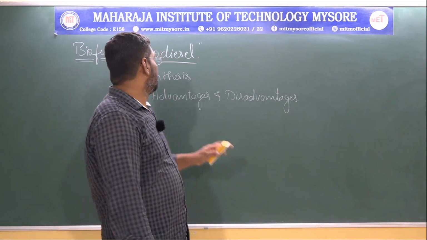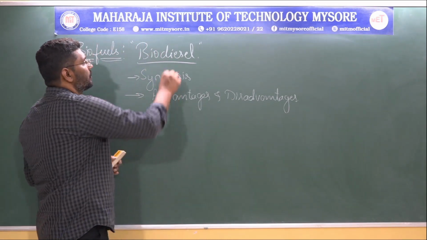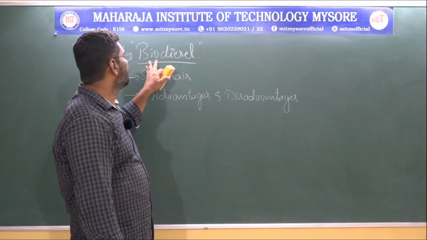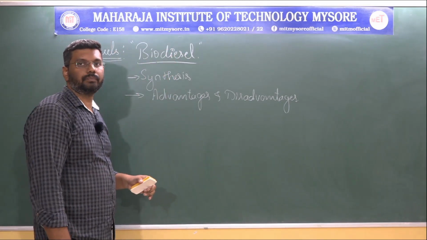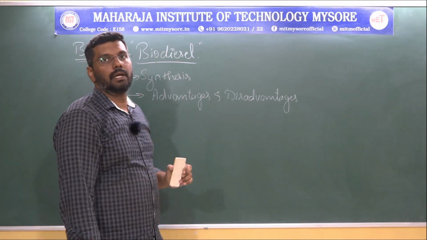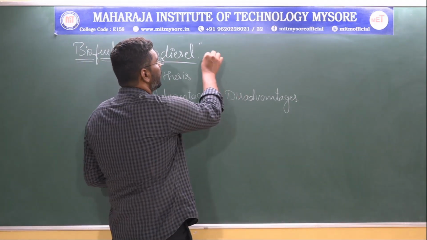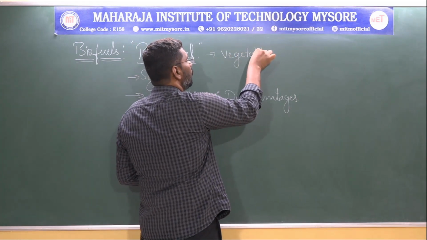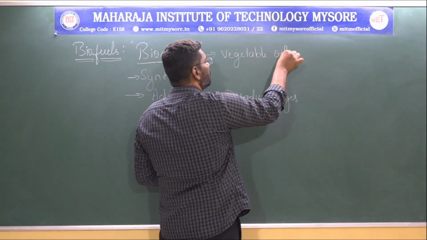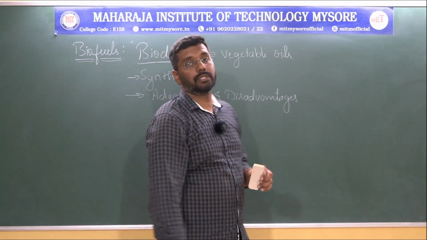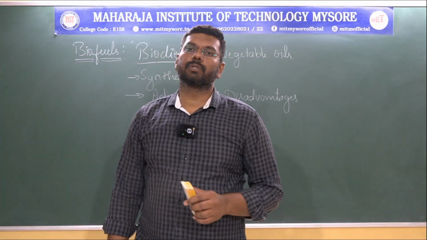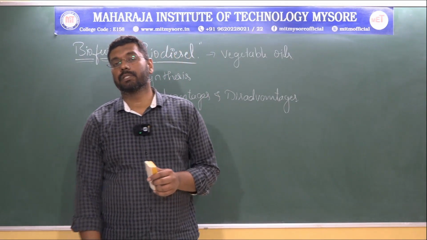So biodiesel, the name itself indicating, we are producing diesel by using natural products. These biodiesels are mainly obtained from vegetable oils, like soya beans, soya seeds. Biodiesels have also been synthesized by using jatropha seeds.